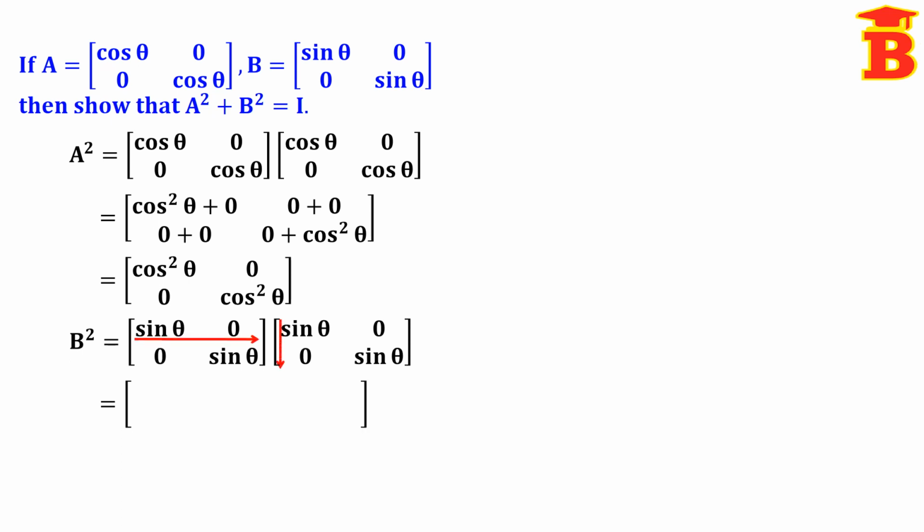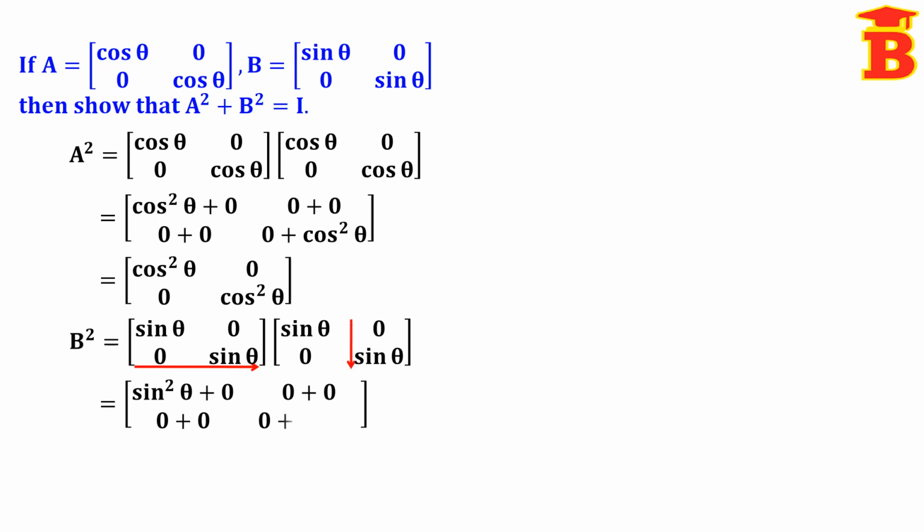Take first row first column: sin theta into sin theta, sin square theta, plus 0 into 0, 0. First row second column: sin theta into 0, 0, plus 0 into sin theta, 0. So this is the first row. Second row first column: 0 into sin theta, 0, plus sin theta into 0, 0.